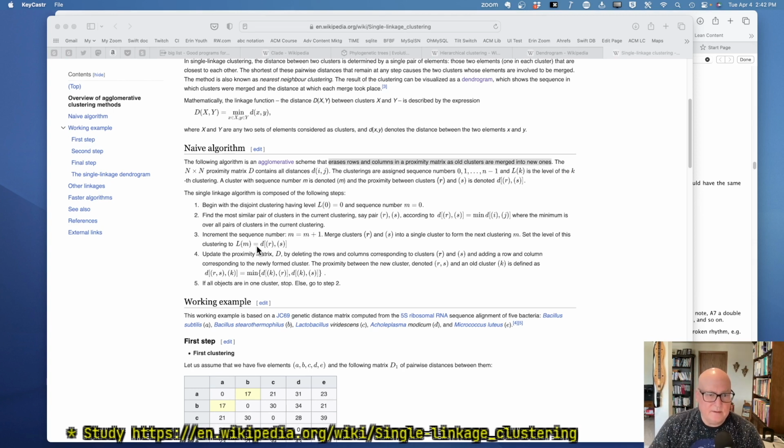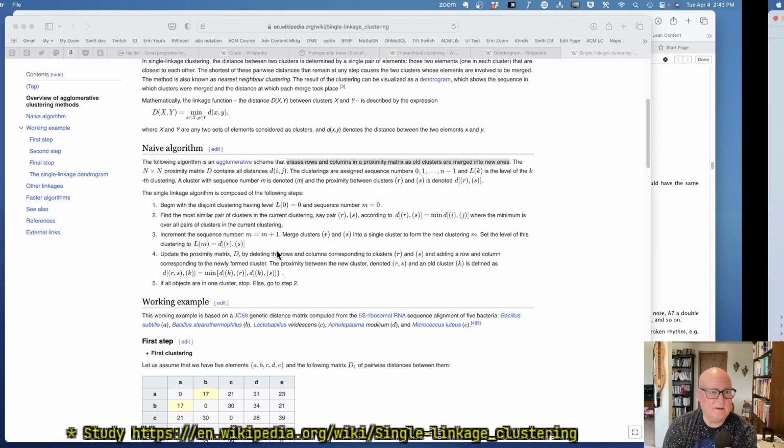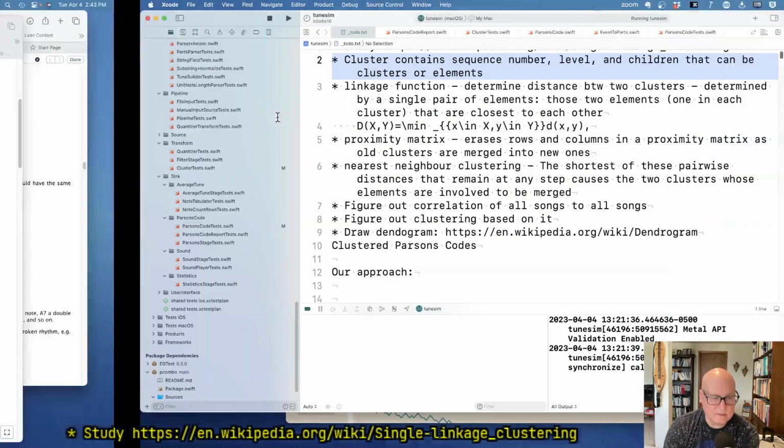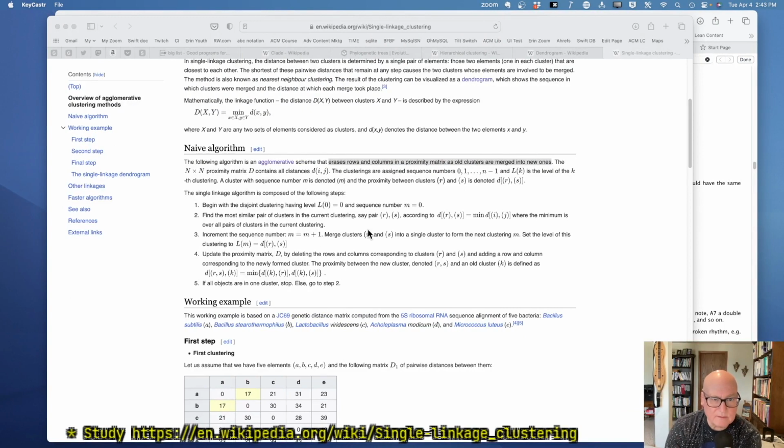We increment that number. Set the level of this clustering to L of M. Okay. Well, we'll start with a number. It looks like just an integer. It gets incremented and not, I guess, referenced in this sense. Okay. Sequence number, level. Level looked. What is level? L0 equals 0. LM equals distance.